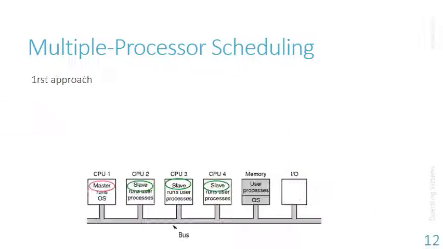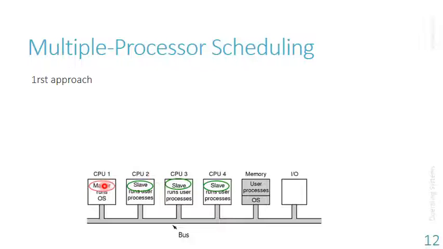Fair enough? Alright, so let's see how we could make things simpler. Not very simple, but simpler. The first approach to multi-processor scheduling is to assign the kernel on one CPU, and then any other.